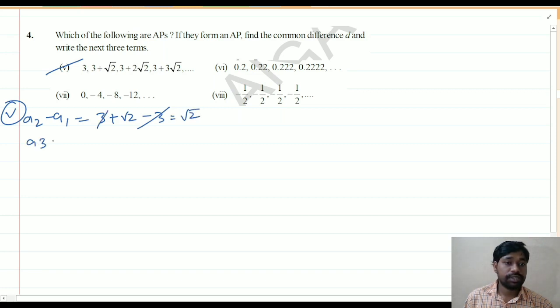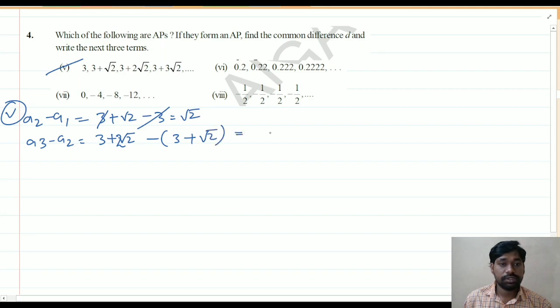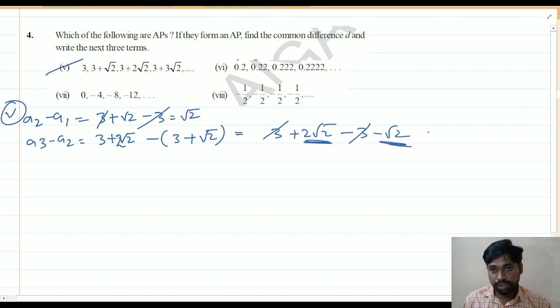Next, A3 minus A2: 3 plus 2 root 2 minus 3 plus root 2, which is 3 plus 2 root 2 minus 3 minus root 2. Listen, 3 and 3 will become 0. 2 root 2 minus 1 root 2, we will get root 2.